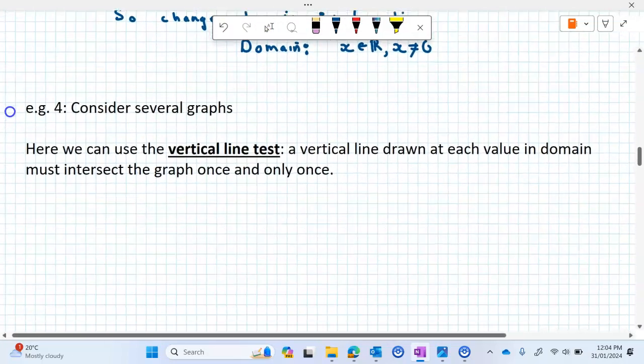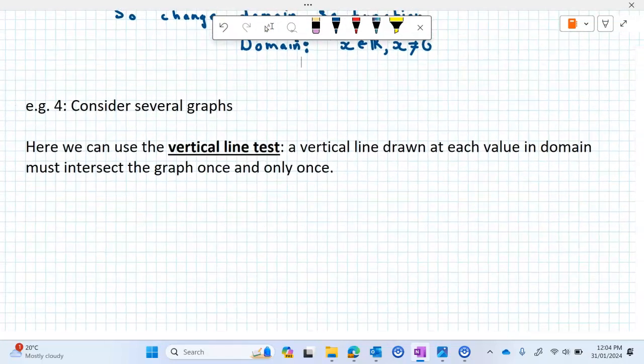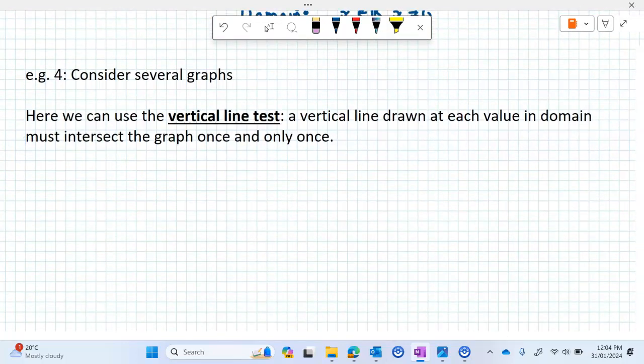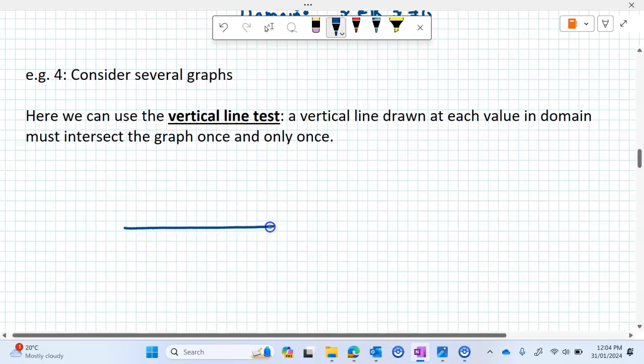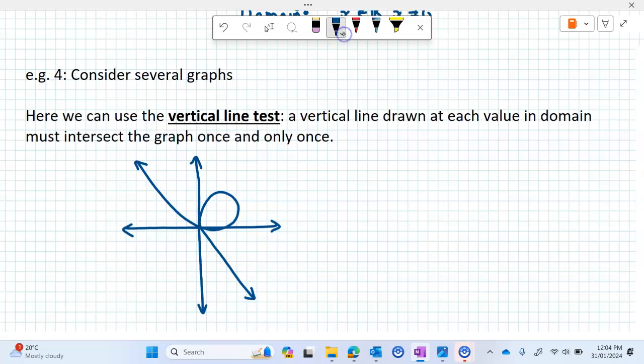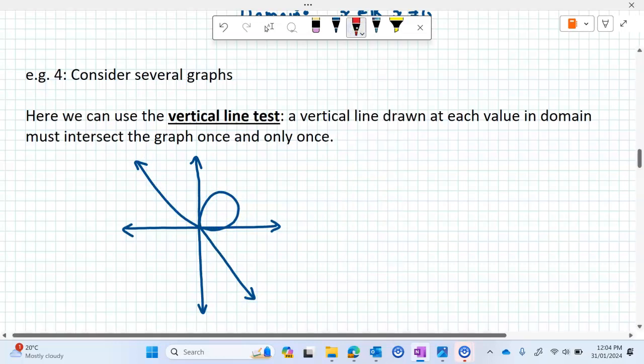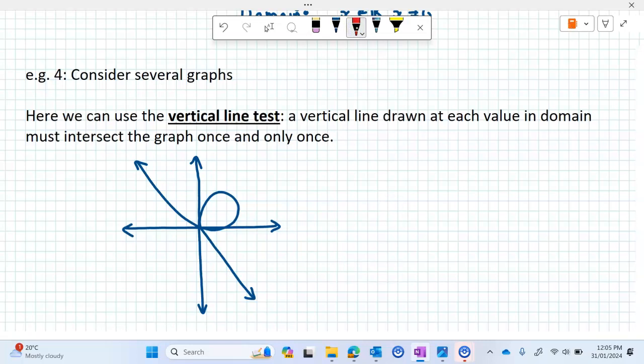Example 4, we're going to look at some graphs, and we're going to use what's called the vertical line test. So, for example, if I go back to my graph that I had originally, here it is. So it could be something like that. Now, if I draw a vertical line, it has to intersect the graph once and only once.